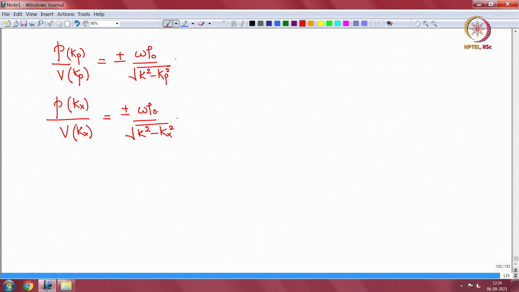Okay. So that means, if I have an infinite panel, there is a wave moving with a certain velocity amplitude. This wave number is kx and the related velocity is vkx.